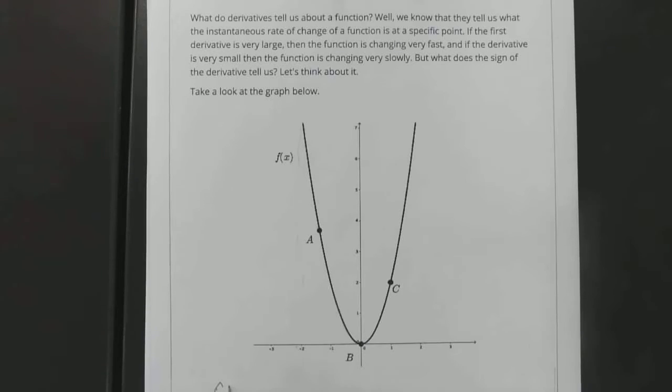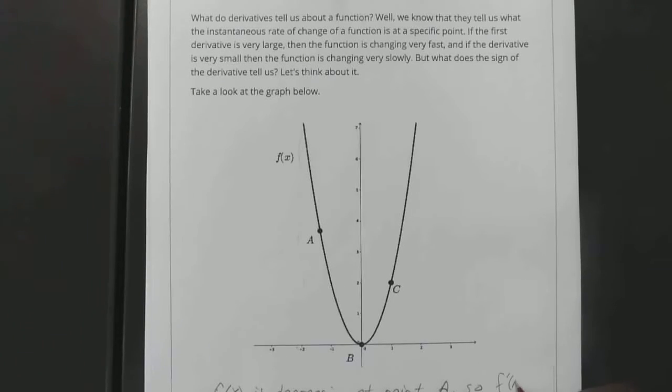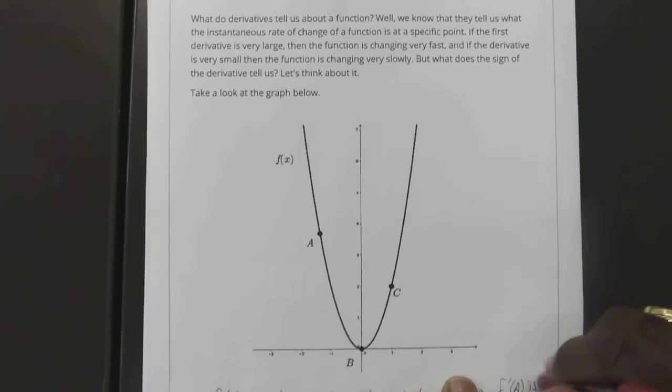Okay, so we know that, let's say f of x is decreasing at point A. So we know that f prime of A is negative. Oh, probably should have put that on the next line.